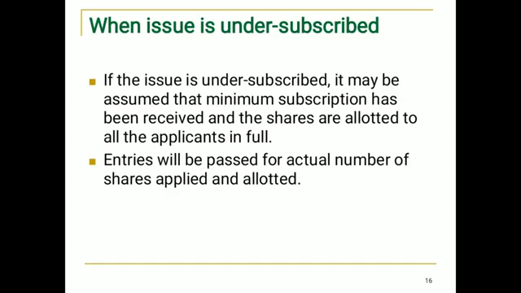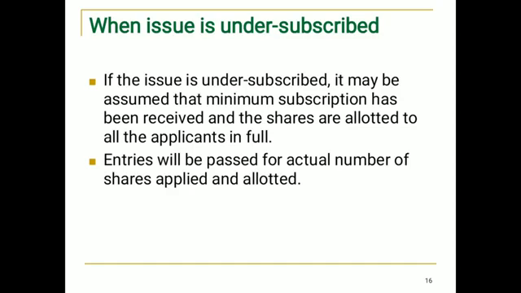So the shares are given by the company to the people who have applied for them, but all the shares are not subscribed. Fewer shares are subscribed. That means if I have issued 30,000, subscription is received for only 25,000 and I have allotted 25,000 shares to the applicants. That is the case here.